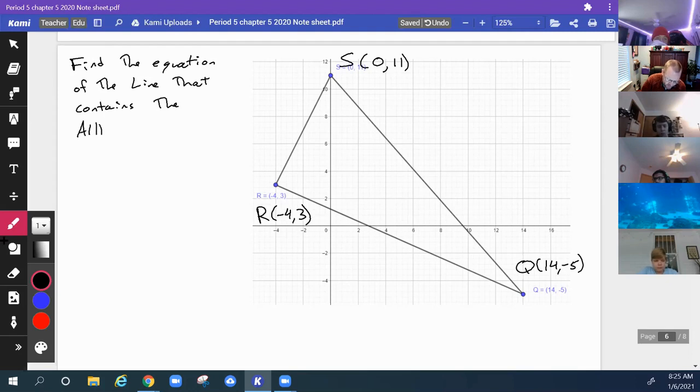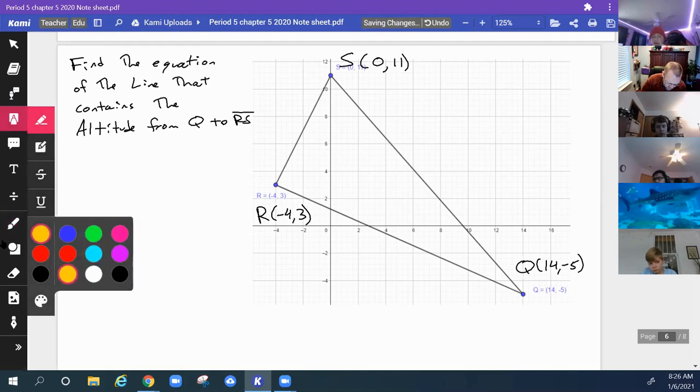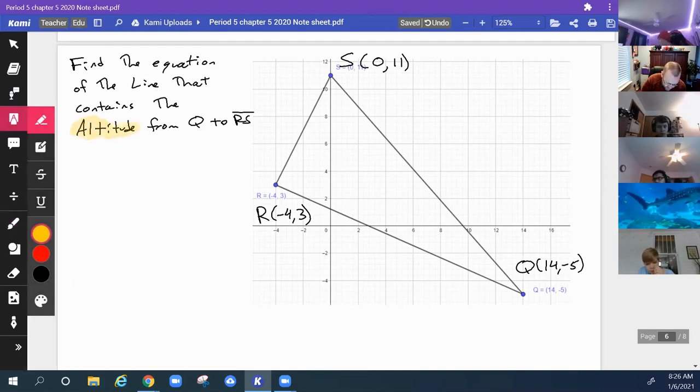Oh, wait, can't even spell altitude. From, let's go, Q to RS. All right, so now we are dealing with altitude, okay? So we're dealing with the altitude.